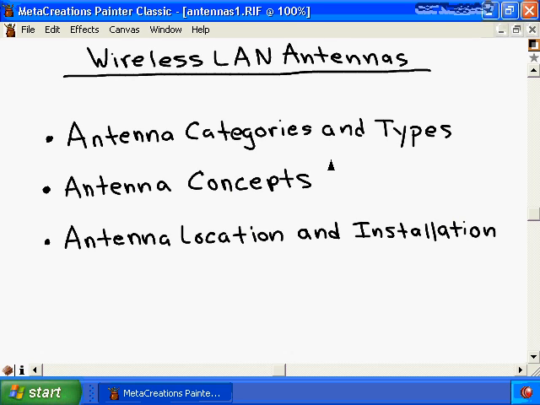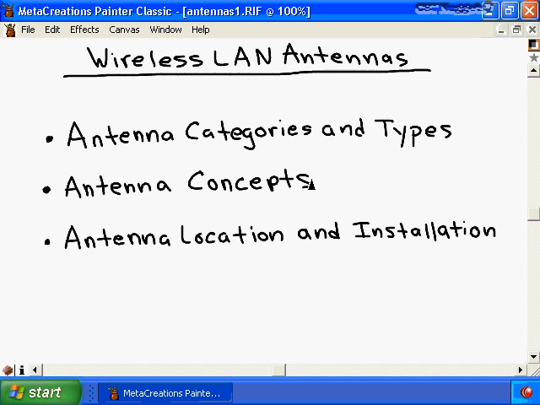And we also learned about antenna concepts such as antenna gain, antenna polarization. So we learned that if the antennas don't have the same polarization, either vertically or horizontally, it has a tremendous effect on the throughput within a wireless network. So you want to ensure that the polarization is ideally matched not only between the wireless LAN devices, but also between the wireless LAN devices and the wireless stations as well, meaning the laptop computers and the desktop computers that have wireless network adapters.